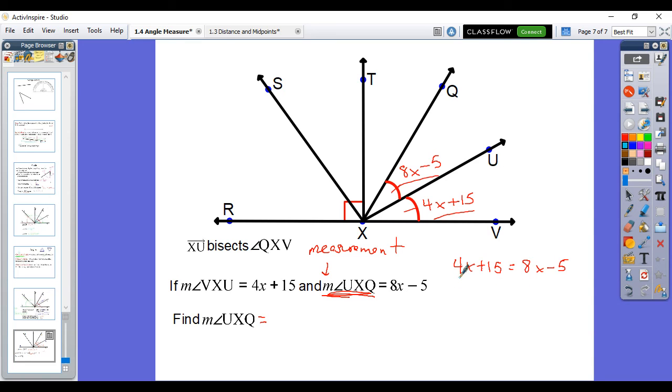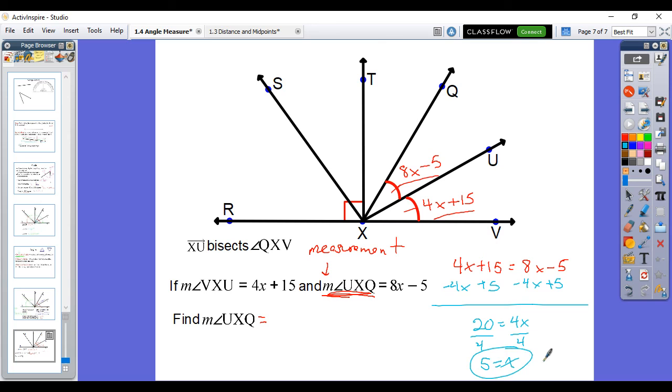We'll get all the x's together, so we move the 4x over here. We subtract 4x from both sides, minus 4x, minus 4x. Since we moved the 4x, we're going to move this 5 over here, so we add 5 to both sides, plus 5, plus 5. When we do that, we're left with 20 equals 4x. Then to solve for x, you divide by 4. You get 5 equals x.